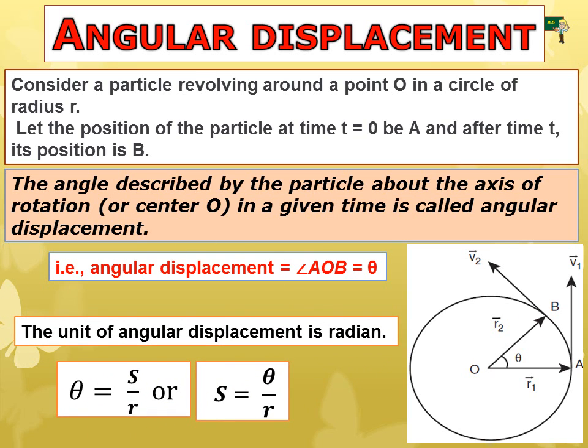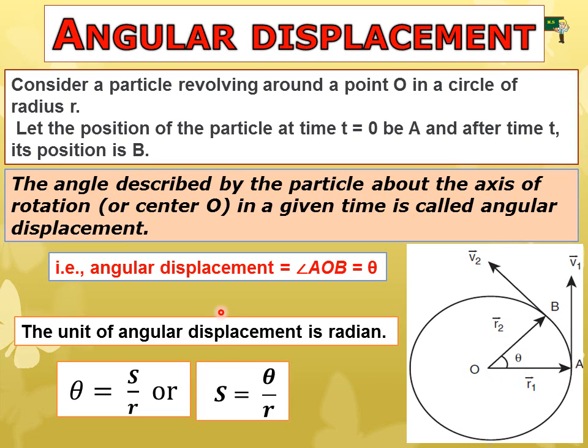The angular displacement theta in radian is related to arc length S_AB and radius r, and the unit of angular displacement is radian. Theta is equal to S by r. Here S is referred to as the displacement from position A to B with respect to the radius.